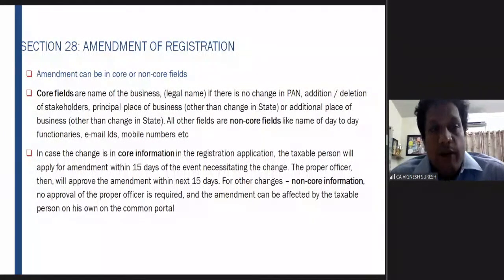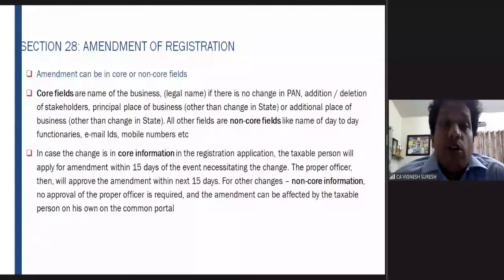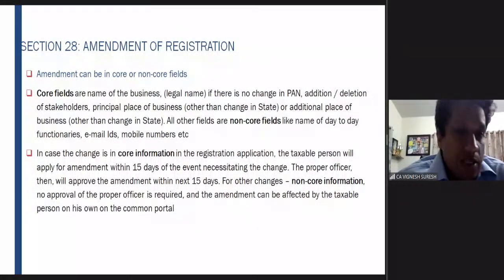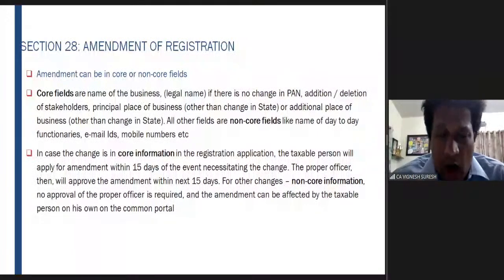So, what are the core fields? Things like name of the business, legal name, etc. If there is no change in PAN, then addition or deletion of shareholders, principal place of business, additional place of business, these are all non-core fields. Non-core fields like name of functionaries, email ID, phone number, etc. will be automatically changed.